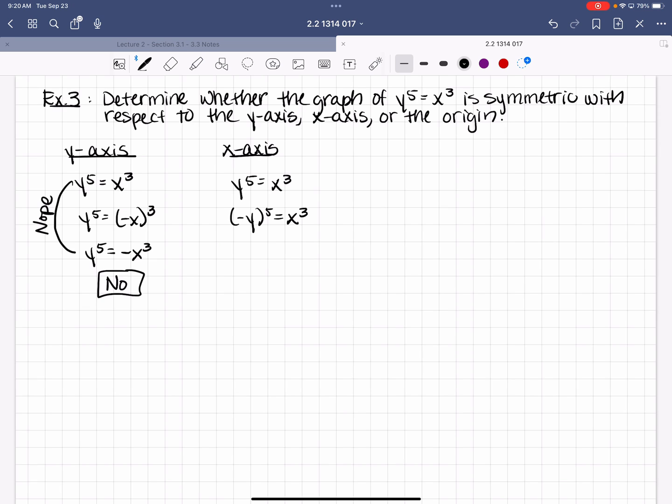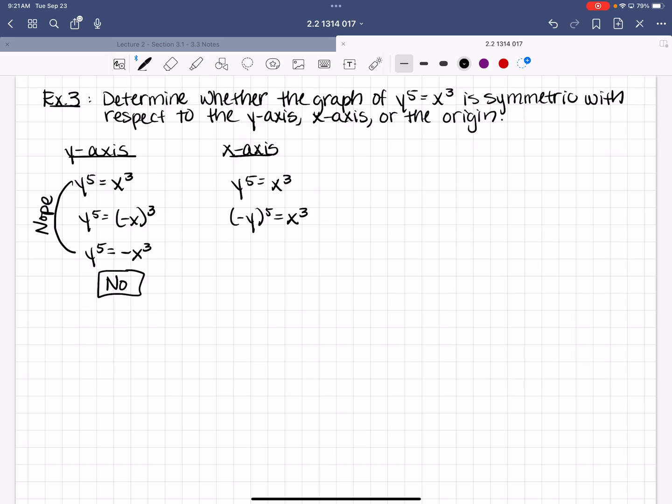Guys, a negative 1 to the 5th power, since it's odd, is going to be a negative 1, right? When you take a negative number to any even power, it comes back positive because it's got that square in there. If it's an odd power, it's going to come back negative. Negative 1 times negative 1 is positive 1, times another negative 1 is negative 1.